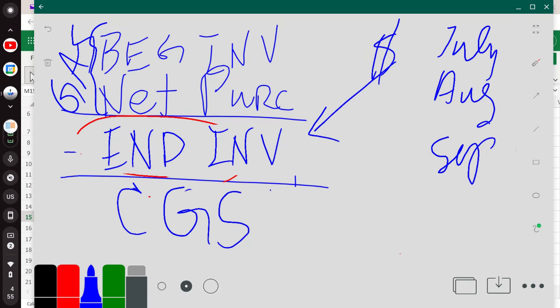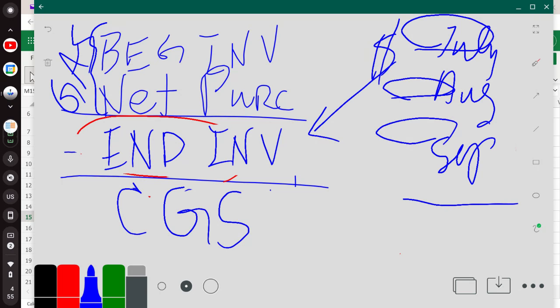Until the end of the third quarter, we can continue to purchase tennis balls. The first batch was bought at the beginning of July. Second batch was bought in the middle of August. Third batch was bought at the beginning of September.